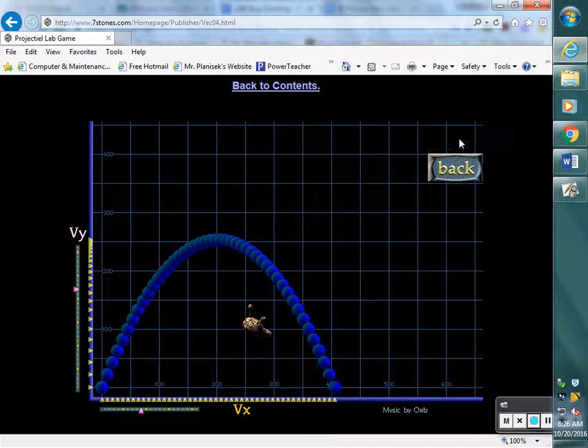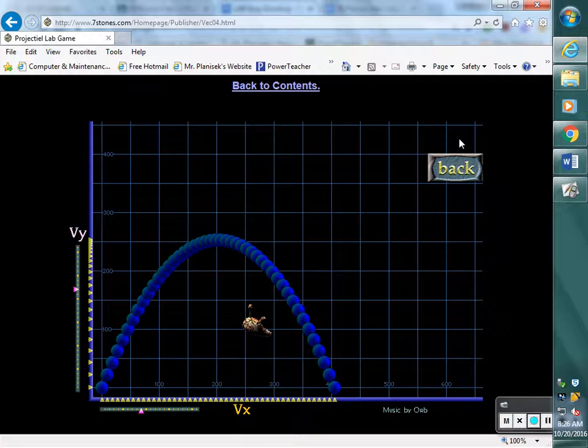Okay, so I didn't hit the slug, obviously. That wasn't my intention of what I'm going to show you here. So if we look at the yellow triangles along the x-axis and along the y-axis, what are we seeing about the yellow triangles along the x-axis?